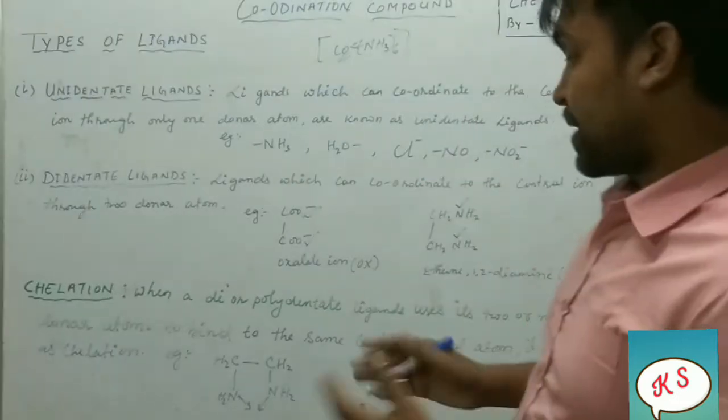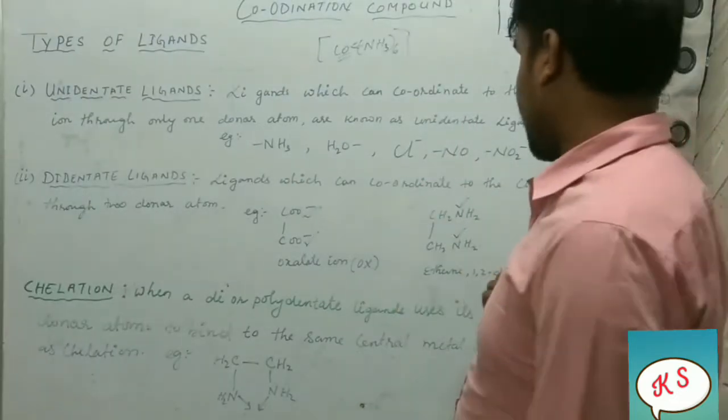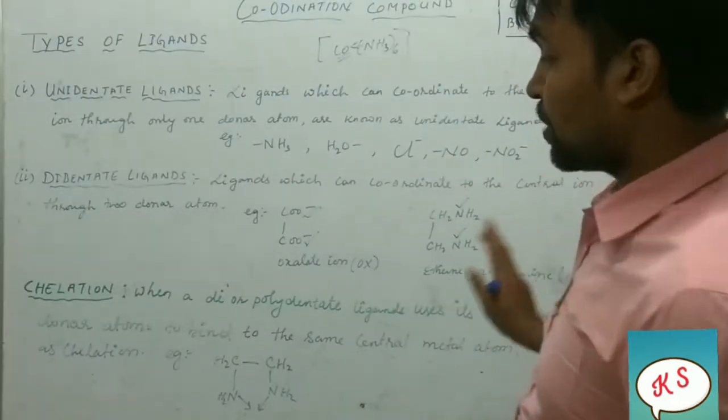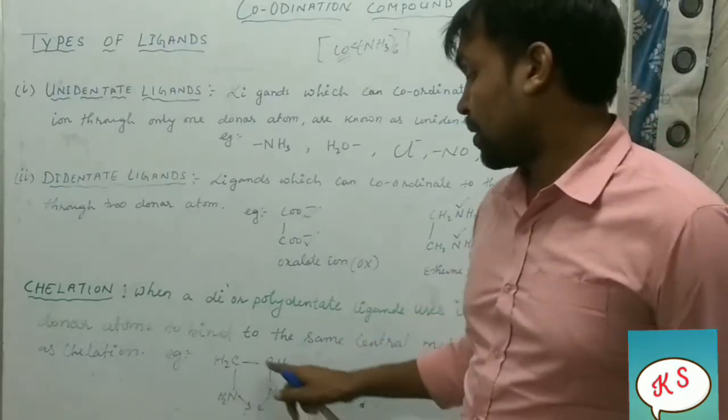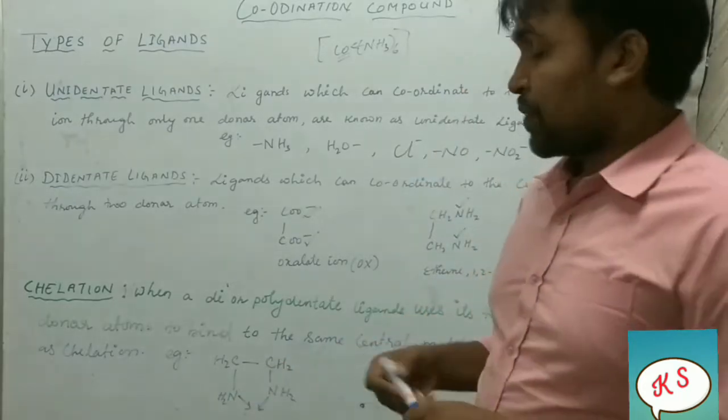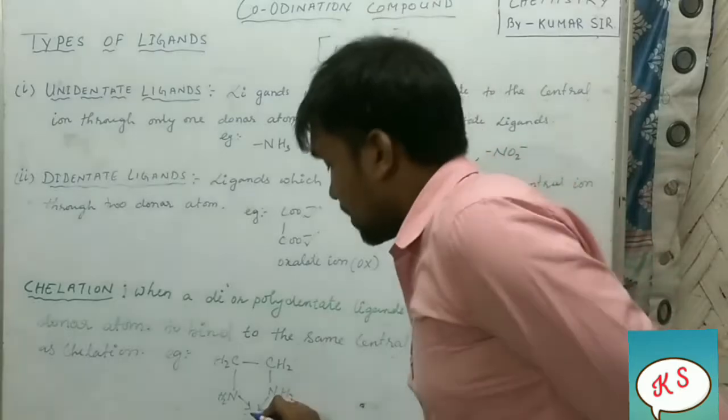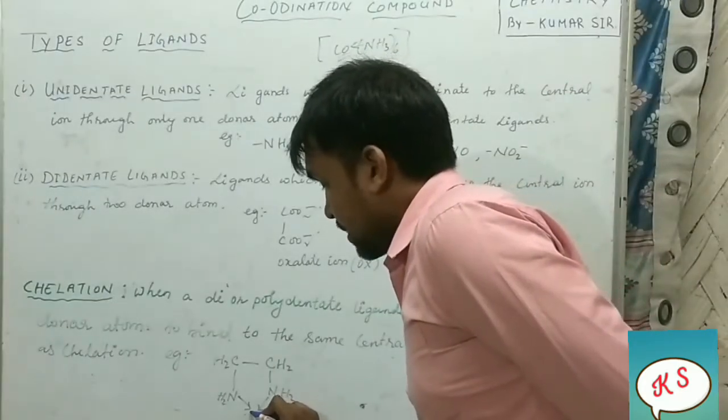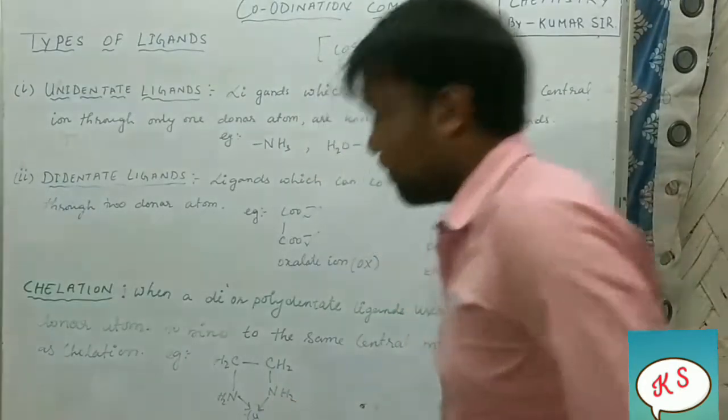For example, we will take the same example of ethylene 1,2 diamine. Here you can see, suppose any metal atom is here. Let's take Cu, for example.